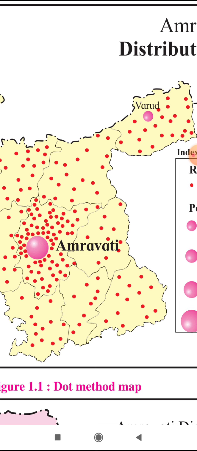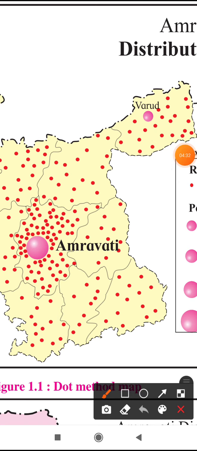You should see whether physical things are there, physiography in a certain region, if any river or transport system is there. If you are showing big water bodies, lakes, rivers, and you put dots there, then it will not be correct. Why? Because on water body areas there will not be population. So you should keep these things in mind.